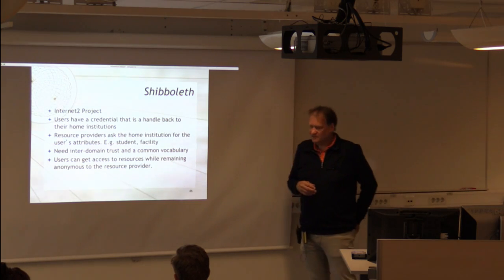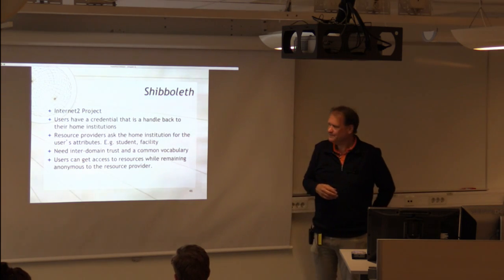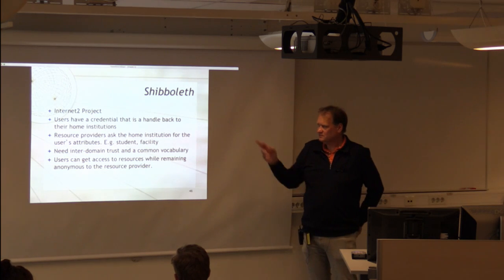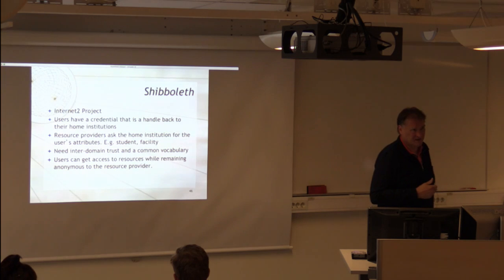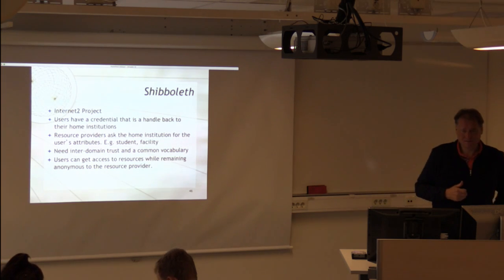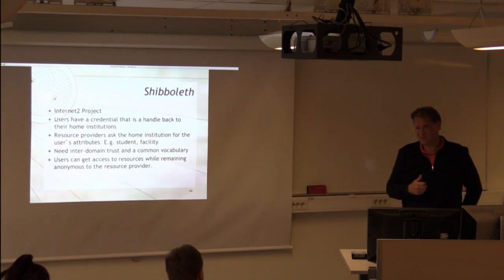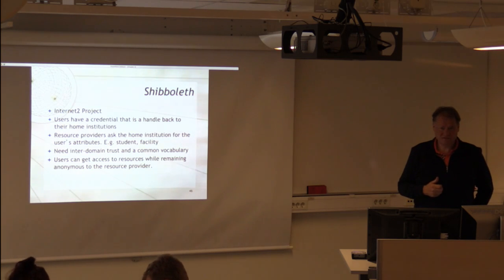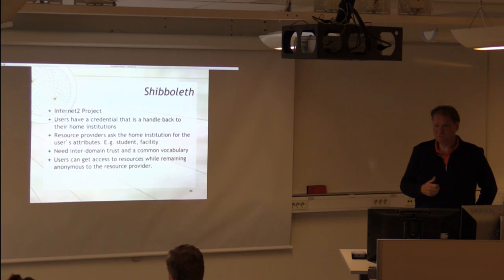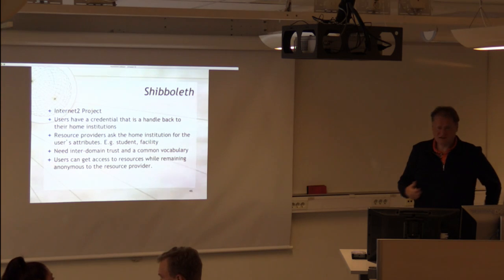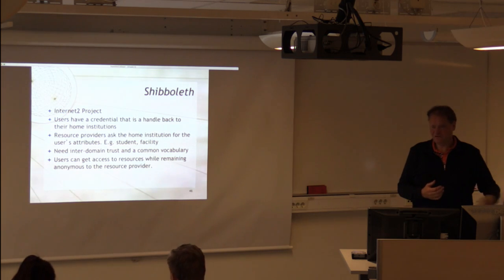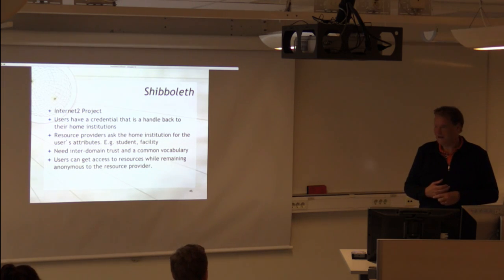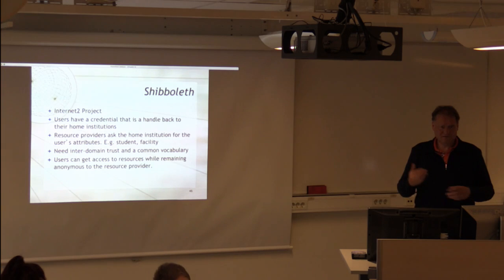And then we have something called Shibboleth, which is originally what's called an Internet2 project. That was a big project in the United States, maybe 20 years ago, something like that. What's called Internet2, where they said, okay, let's start from the beginning and see what we should have done when we built the internet if we started now instead of 50 years ago. And they developed quite a lot of different things.